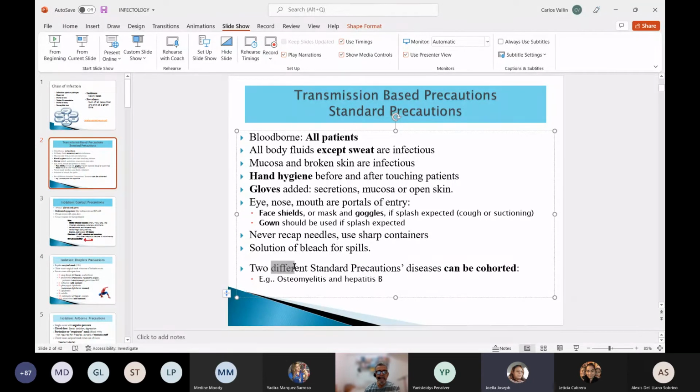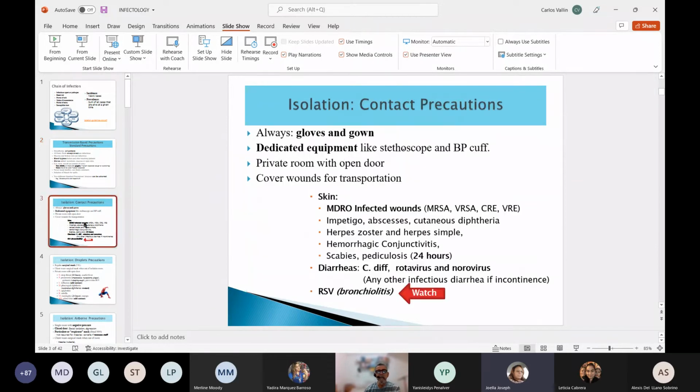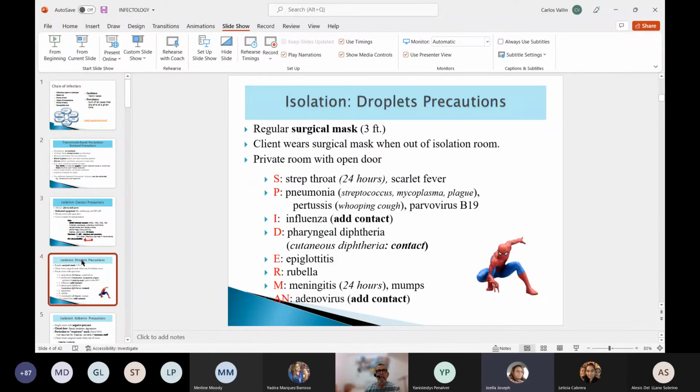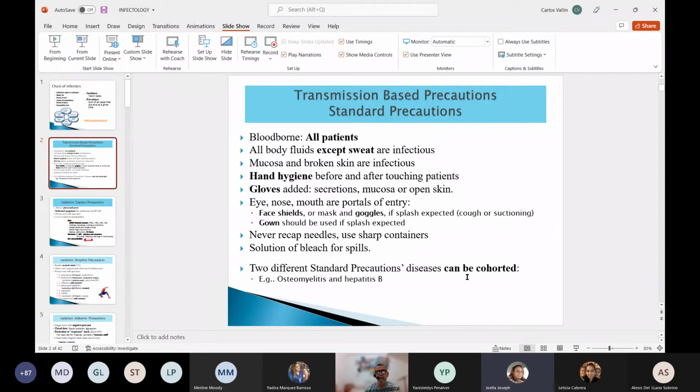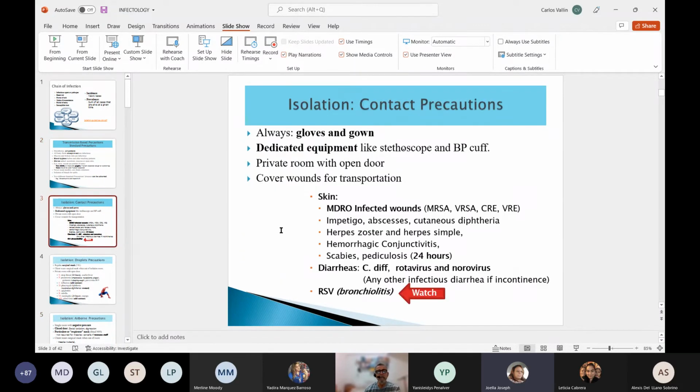If there are different diseases and different bacteria, only if those infectious agents are only standard can they be cohorted. When it is contact, droplets, or airborne, they cannot be cohorted, except in a practical, frequent situation, which is bronchiolitis, because it comes in epidemics and is always the same RSV.